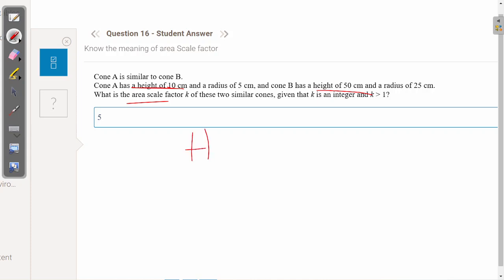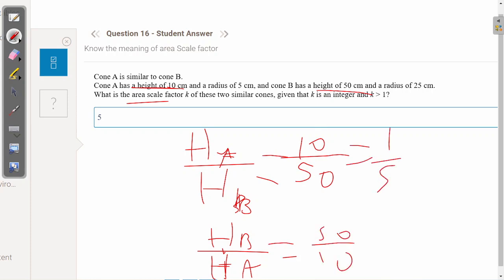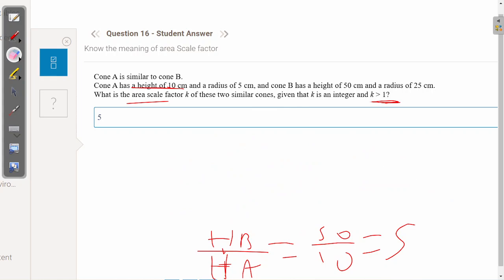Let's do height A over height B. You can either do height A over height B or height B over height A. But there's only one answer, so let's see how they want it. Height A over height B will be 10 over 50. This one will be 50 over 10. So this one will be 1 over 5, this will be 5. But look, they said k has to be greater than 1. So this is wrong, it's just 5. So we found k is 5. They want k squared, so k squared equals 25.